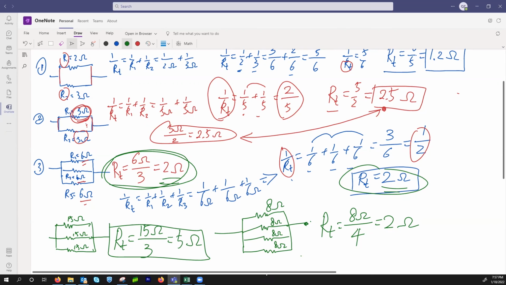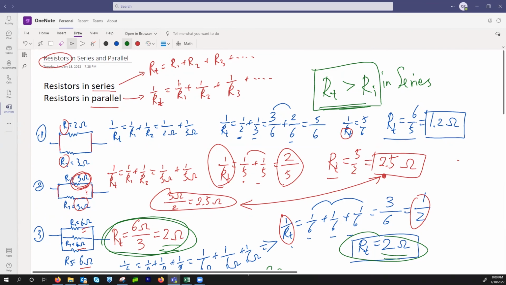Now, let's take a look at the value of the total resistance for the parallel connection. What do you find? Let's look at the first one. The first example, the total value is 1.2 ohm. If you look at each individual resistor, it's 2 and 3 ohm, which means the total value actually is smaller than the individual resistors being connected. The second example, the total value was 2.5 ohm.